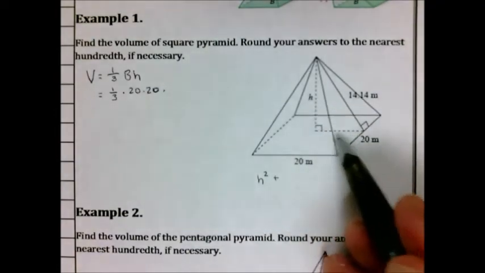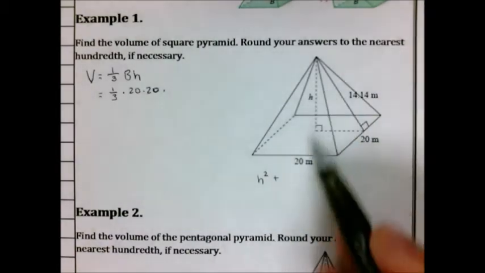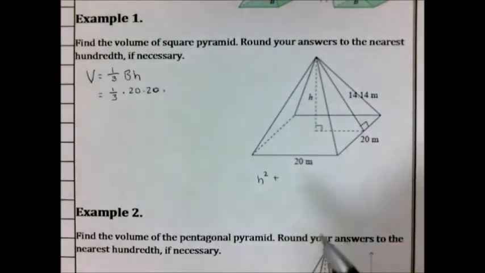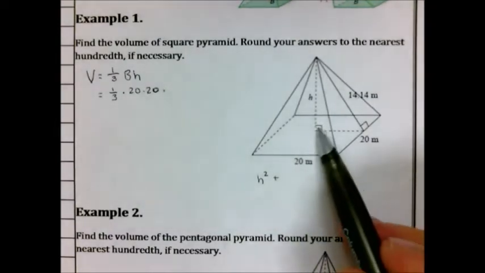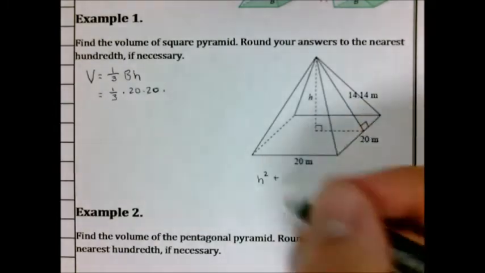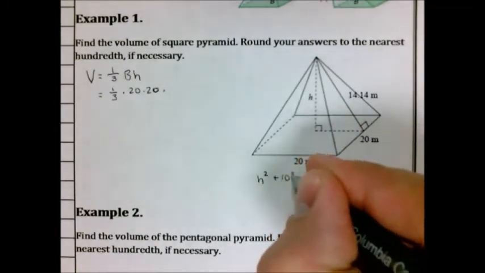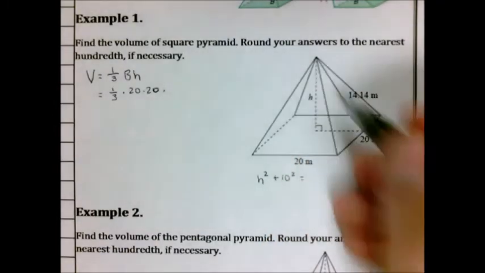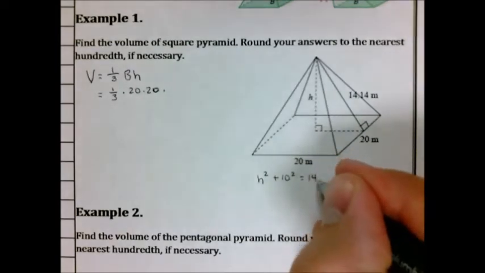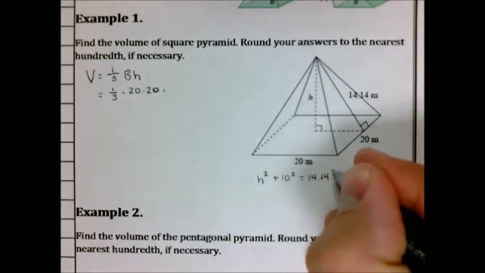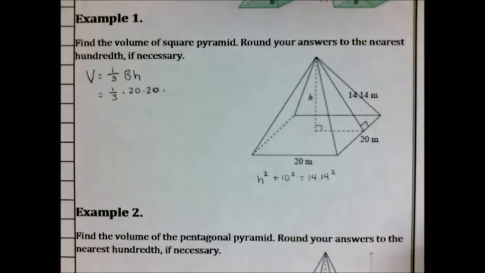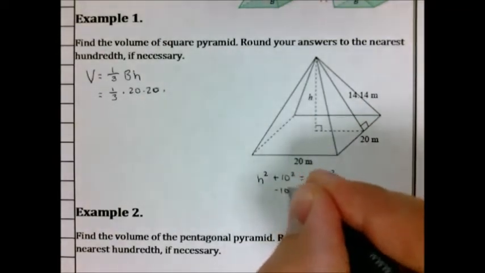This base, we actually know what it is. Because this is a regular square pyramid, this distance is 10 meters, so 10 squared is going to equal our slant height of 14.14 squared. All we have to do is subtract 10 squared from both sides.